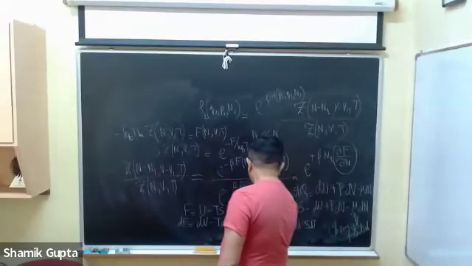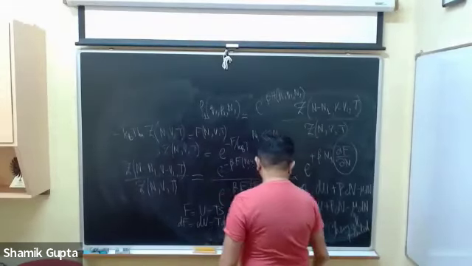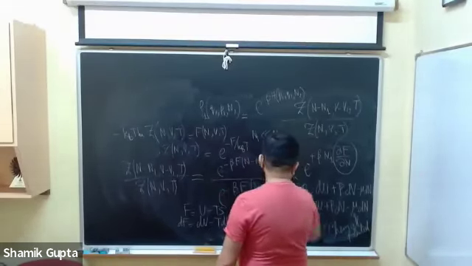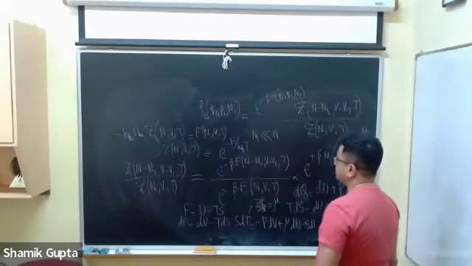Therefore, we get from here that del F del N is mu, the chemical potential. So this quantity is mu, the chemical potential.